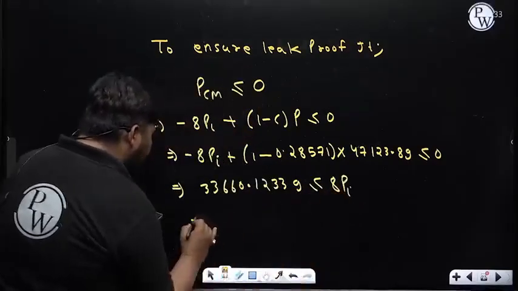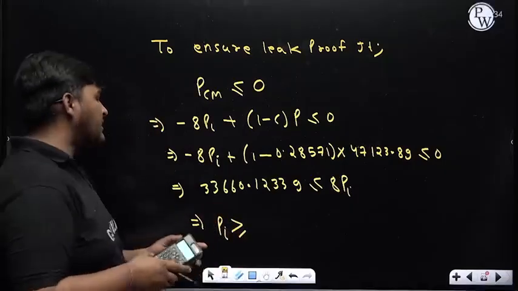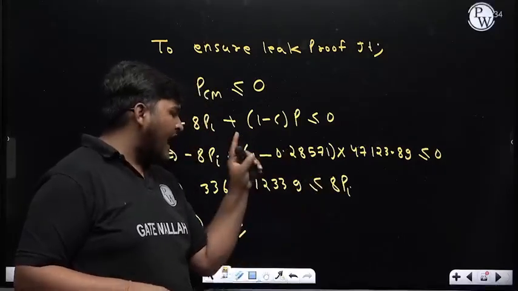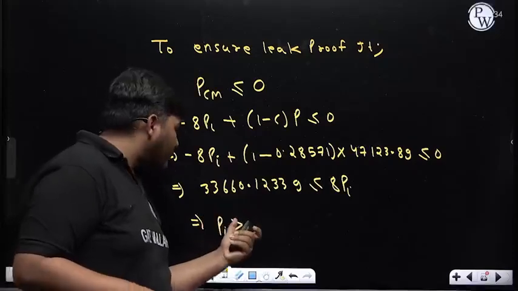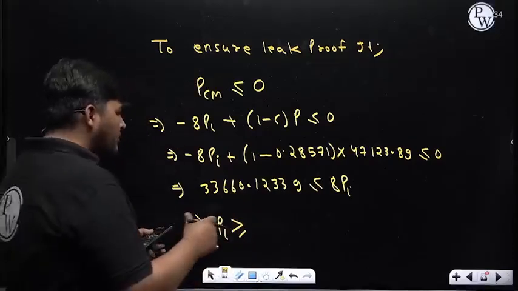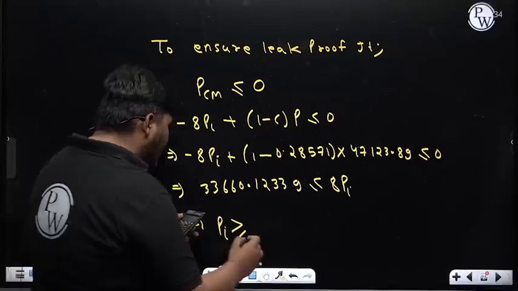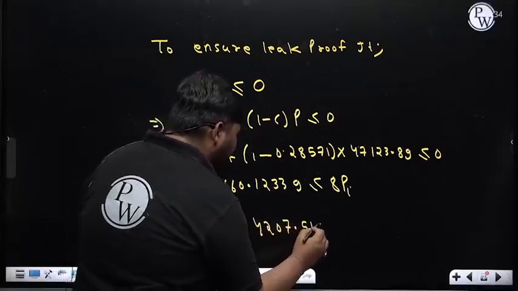So from this, if we calculate the value of pi, pi must be greater than or equal to, you can see in the pi side the greater sign is coming now. So whatever limiting value is coming, actual pi should be either equal to that or more than that. So pi should be greater than or equal to this divided by 8, and if you do this division by 8, it is coming 4207.515 Newton.